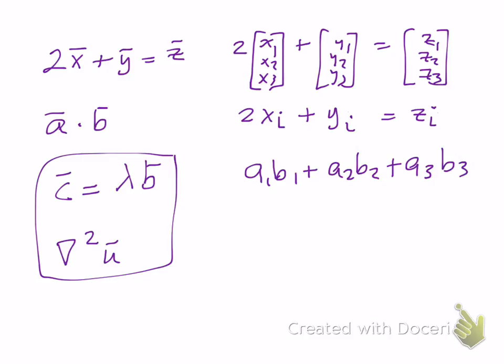If we want to represent this, we still have an A and a B in there, and you can get rid of the dot and the bars, but what do we need for i's and j's or p's and q's or whatever you want to call it? Isn't this Ai times Bi? Yeah.